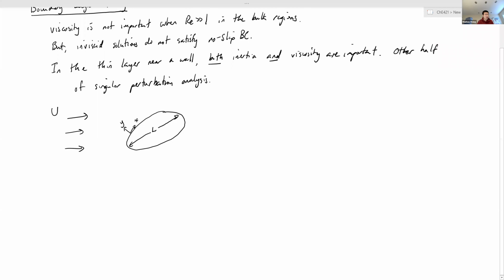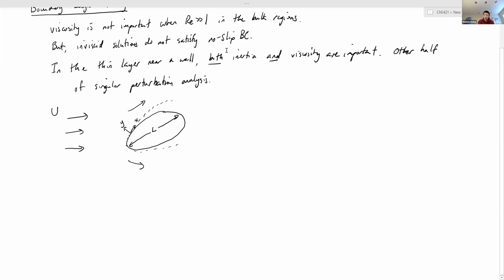Because we suspect that there's going to be some sort of boundary layer near the surface, as the fluid has to move past it. Inside this boundary layer, as we suggested up here, both inertia and viscosity are going to be important.